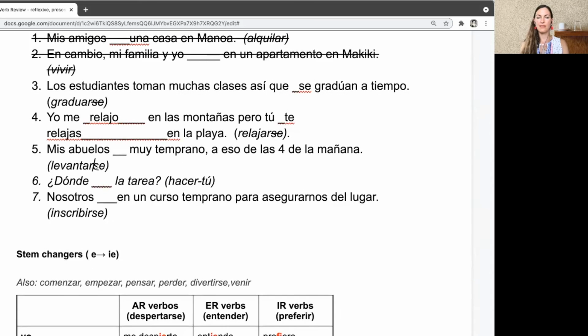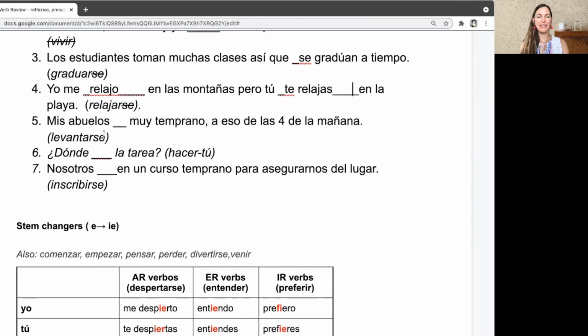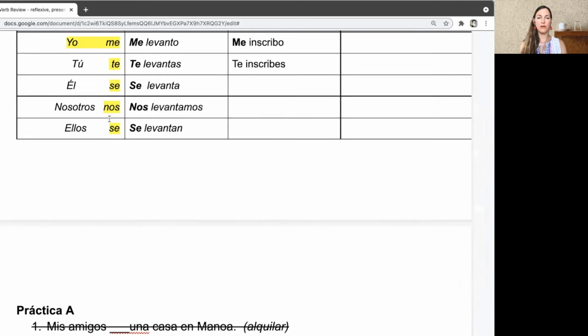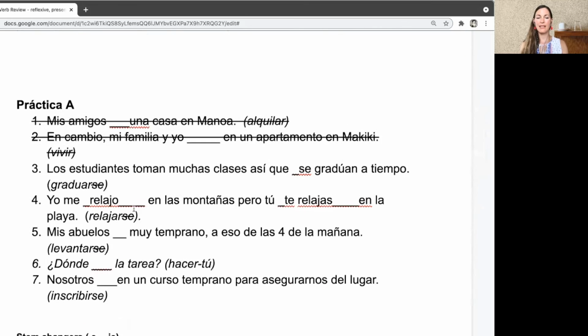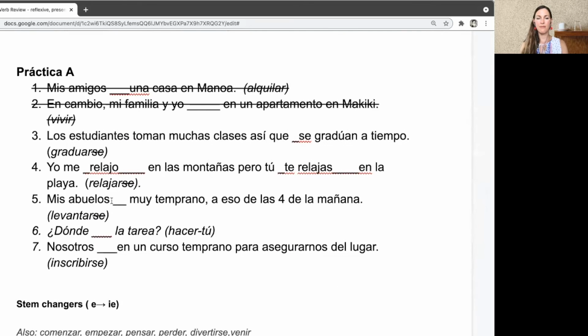Let's just do these together because it's your homework anyway. Okay. Let's see. Mis abuelos. So here's our verb. Let's take off that se. What reflexive pronoun do we need for my grandparents? We see it's they. It's plural, even if you're not sure what abuelos are. They is se. So we want to take that. ¿Dónde estamos? Aquí. Put it in the front, space.